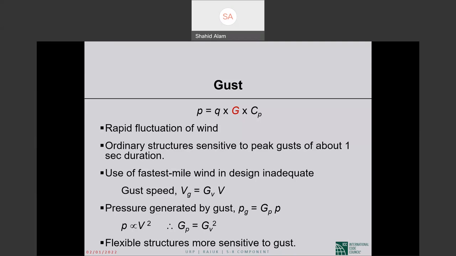Back then, the averaging time varied between 30 and 60 seconds. You should compare that to 3 seconds for the 3-second gust speed. So it was a much longer averaging time.